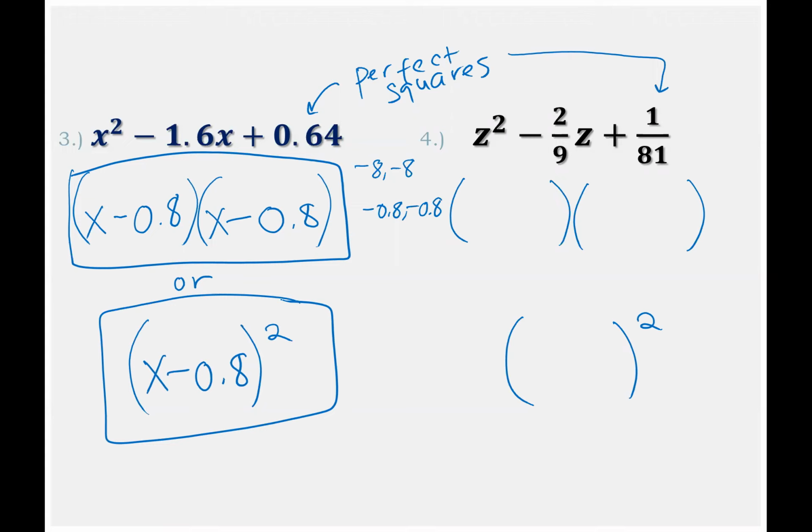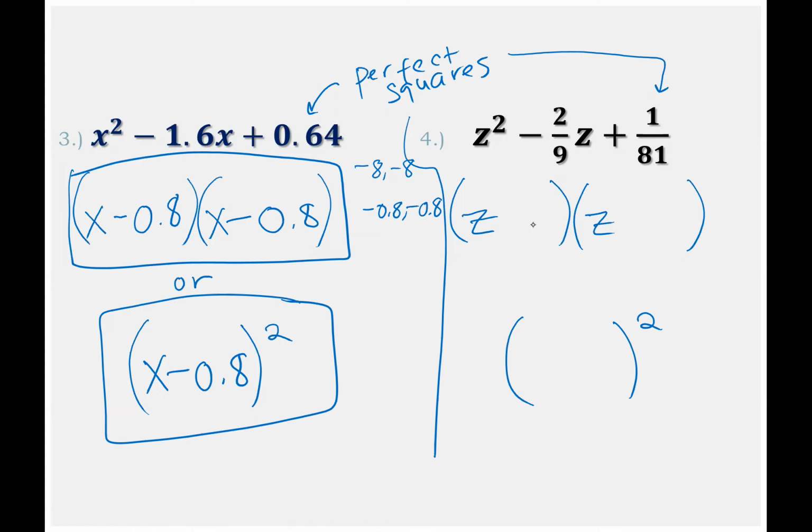Okay, let's take a look at the fraction example. Z squared minus 2/9 z plus 1 over 81. Okay, z times z is z squared. We'll start there. I should have mentioned this in the previous example, the signs. In the last example, I was looking for 2 numbers that multiplied to something positive, but had to add up to something negative. The only way that a product will be positive is if the signs are the same.